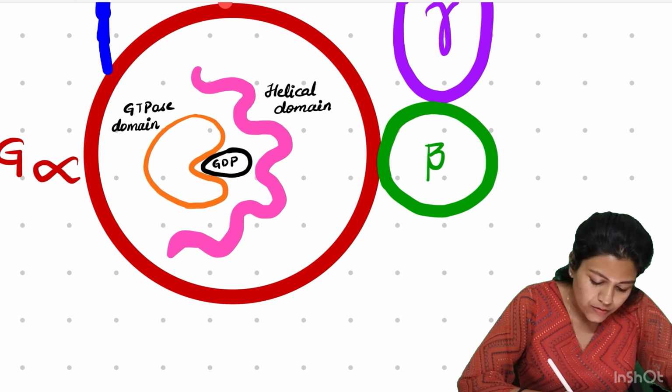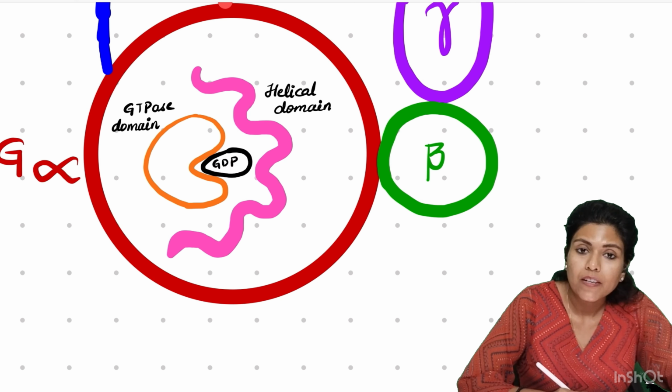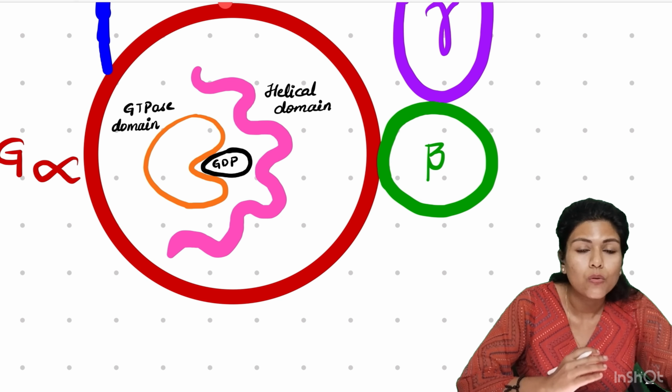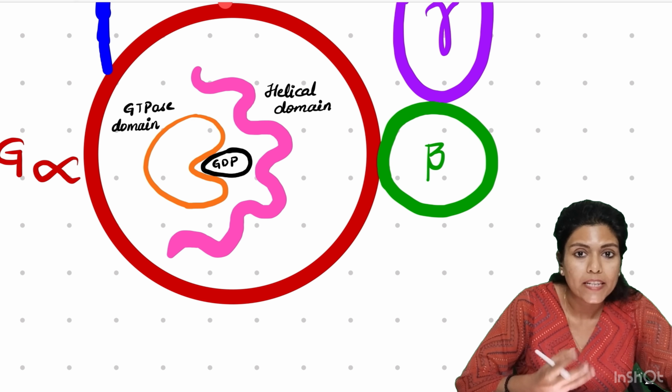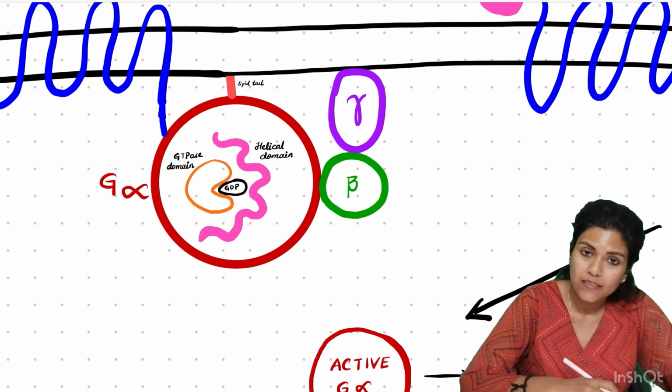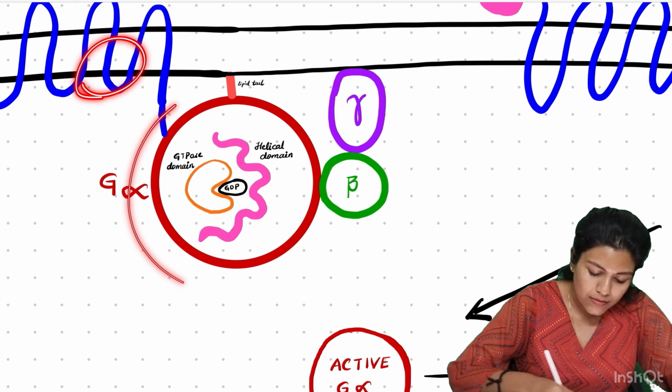In the inactive state, whenever there's no receptor signaling, no ligand, no extracellular signal, this receptor is inactive, even not stimulated. In that inactive state, GDP, guanosine diphosphate, will be attached to this groove of the GTPase domain, and this GDP is prevented from falling off by the helical domain.